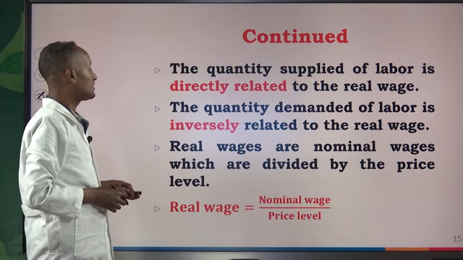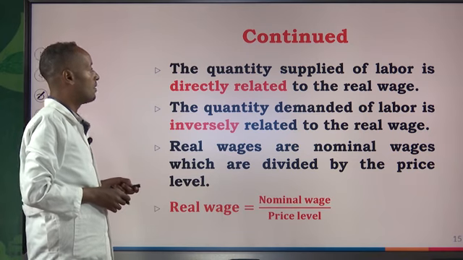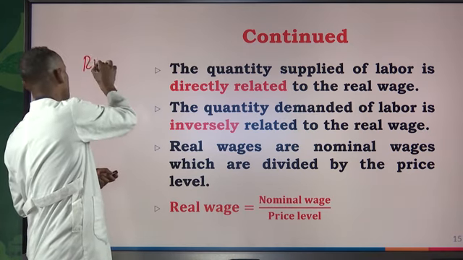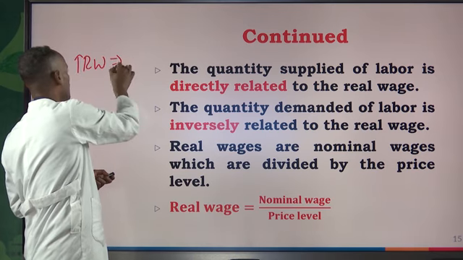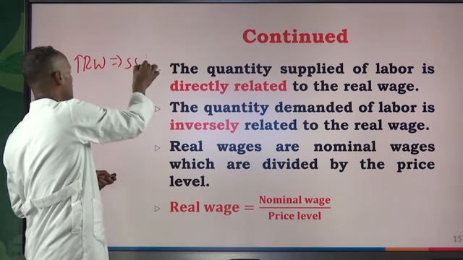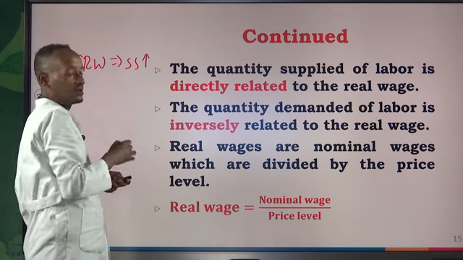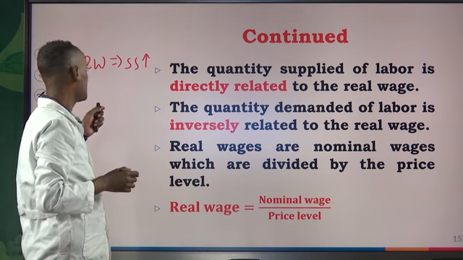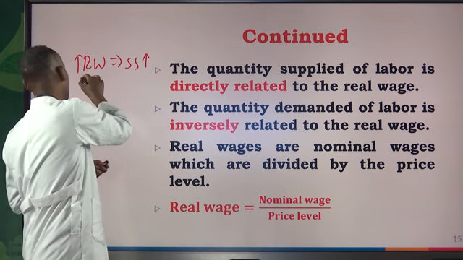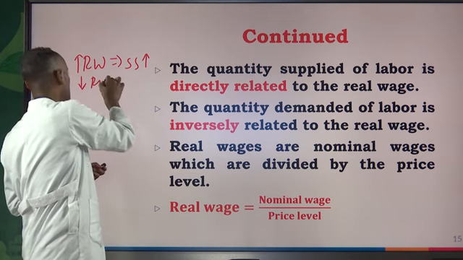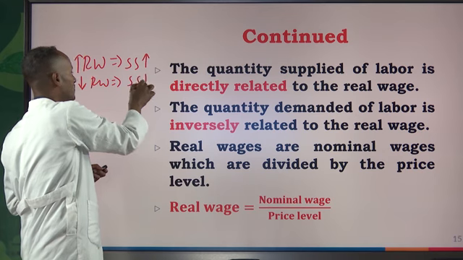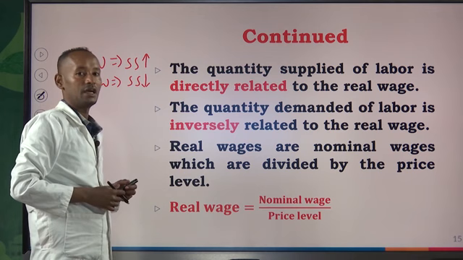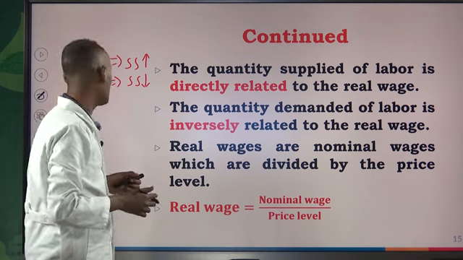When we see the relationship between the quantity supplied of labor and the real wage, with the rise in the real wage, the quantity supplied of labor will also increase, because workers are attracted by the rise in the real wage and they will supply more of their labor. But if there's a fall in the real wage, then they will be discouraged and they will supply less of their labor. So there is a direct relationship between the real wage rates and the supply of labor.